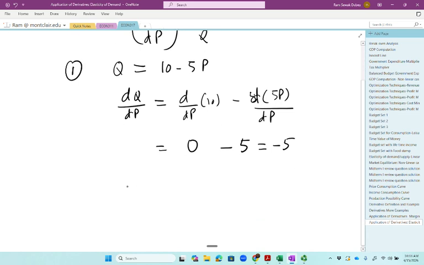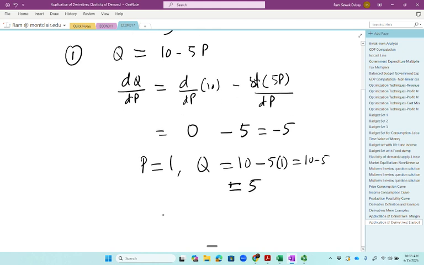Now we can compute the elasticity for any given pair of price and quantity. So let me start with P being equal to 1. If P is 1, then I can see from the demand Q turns out to be 10 minus 5 times 1, 10 minus 5, Q is 5. And now I can apply the formula of the elasticity, the derivative of Q with respect to P, which is minus 5, times P, which is 1, divided by Q, which is 5.